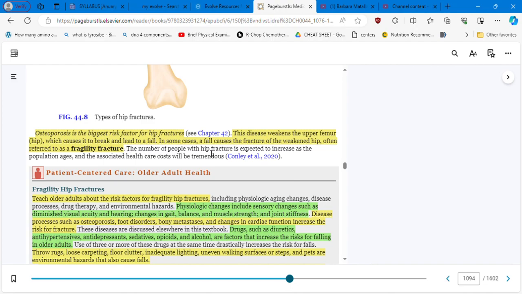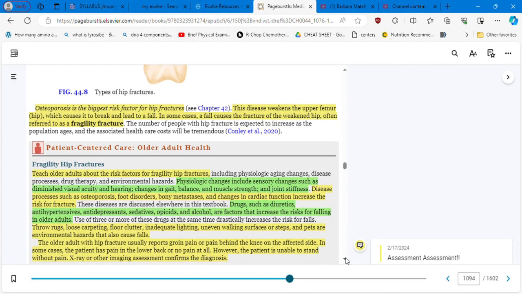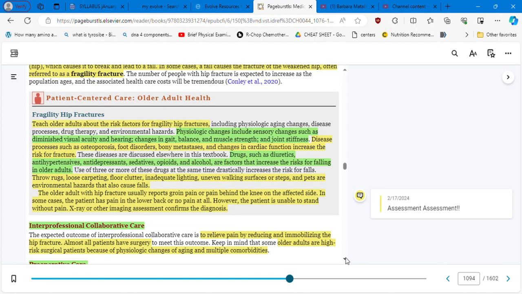In some cases, a fall causes the fracture of the weakened hip, often referred to as fragility fracture, and we spoke about this. Fragility fracture is caused most of the time by bone cancer and osteoporosis, right? So, patient-centered care, older adult health: teach older adults about the risk factors for fragility hip fracture, right?